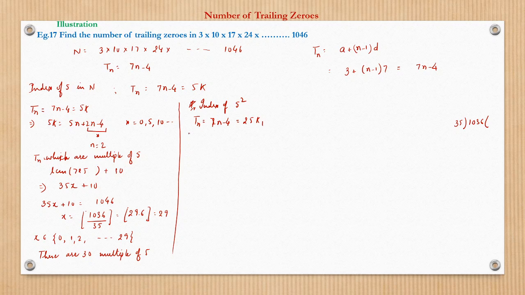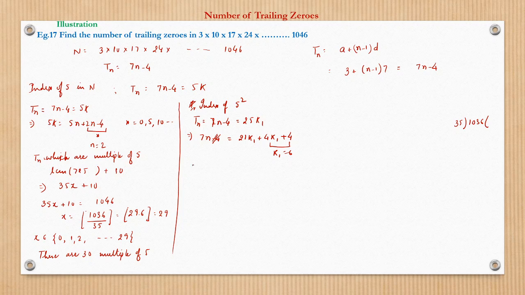So here I will get 7n minus 4 is nothing but 21k1 plus 4k1, right? This 4 I will add this side. So this is a multiple of 7, so this should be a multiple of 7 rather. So here k1 is equal to 6 will satisfy this, right? K1 is equal to 6, then it will be a multiple of 7.